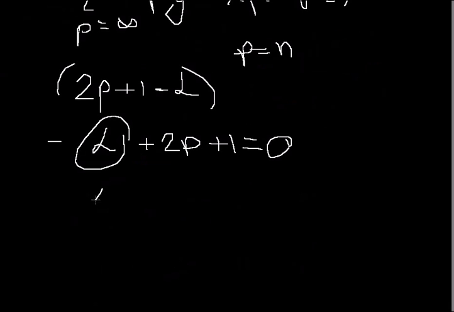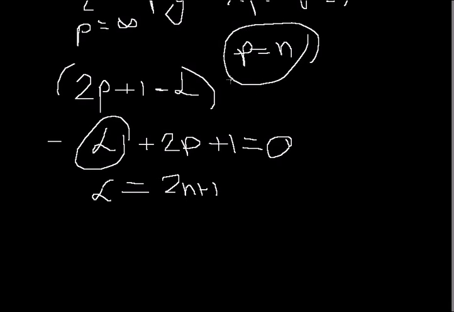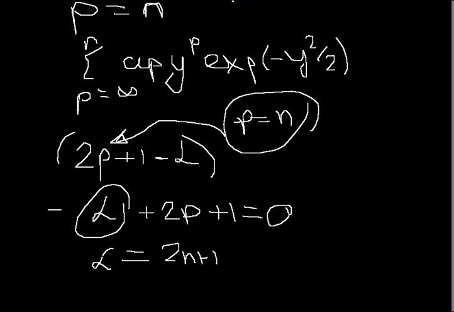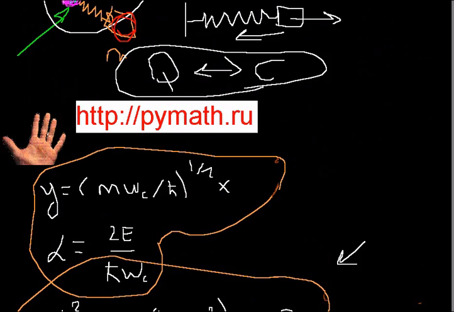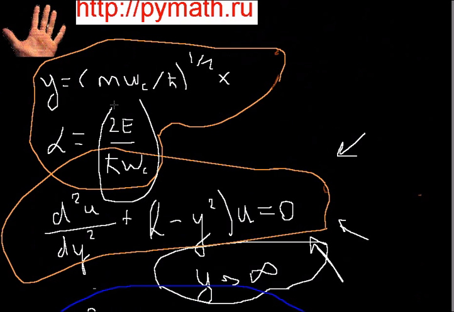And this gives us the relation for the spectrum: alpha equals 2n plus 1, because we take p equals n, take this relation here, and then our relation is equal to 2n plus 1. Let's remember what alpha means.